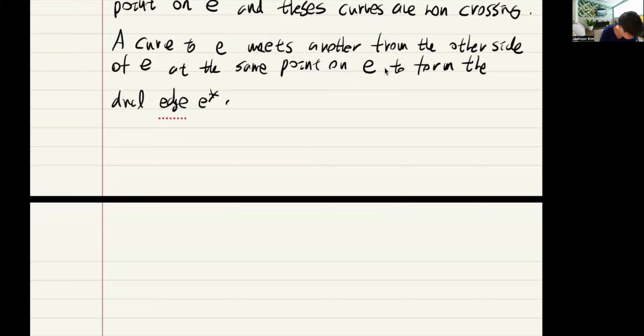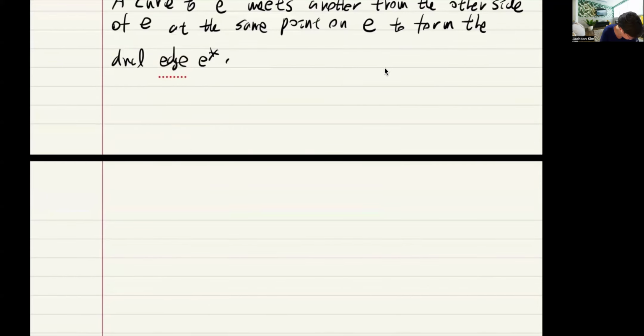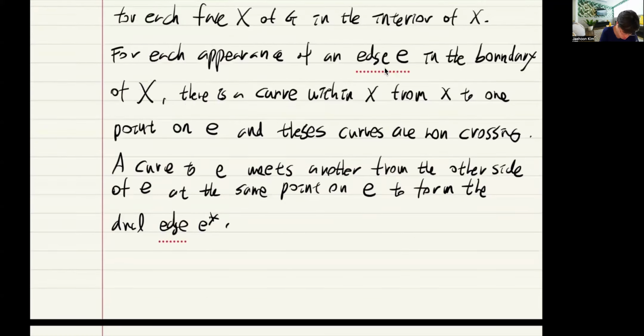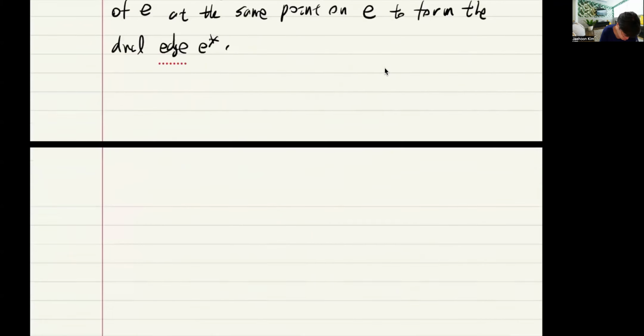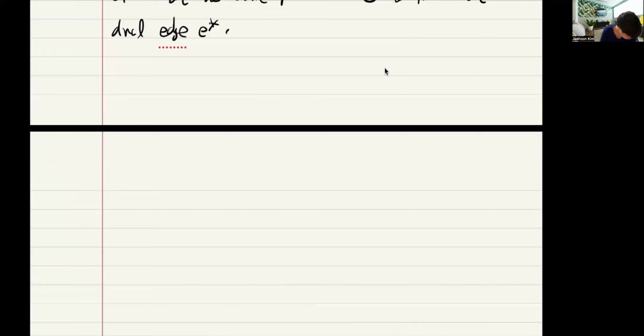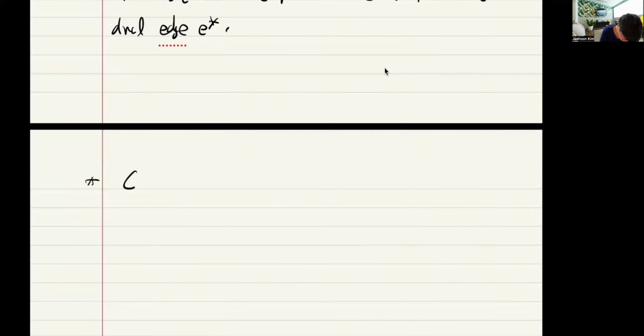So with this definition, this dual graph is well defined. As this is a dual, this is defined for a plane multigraph, and its dual is a plane multigraph.